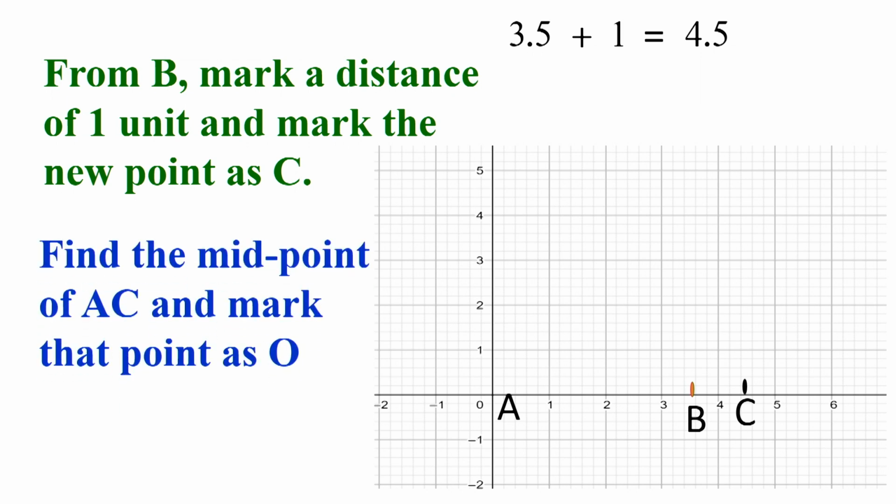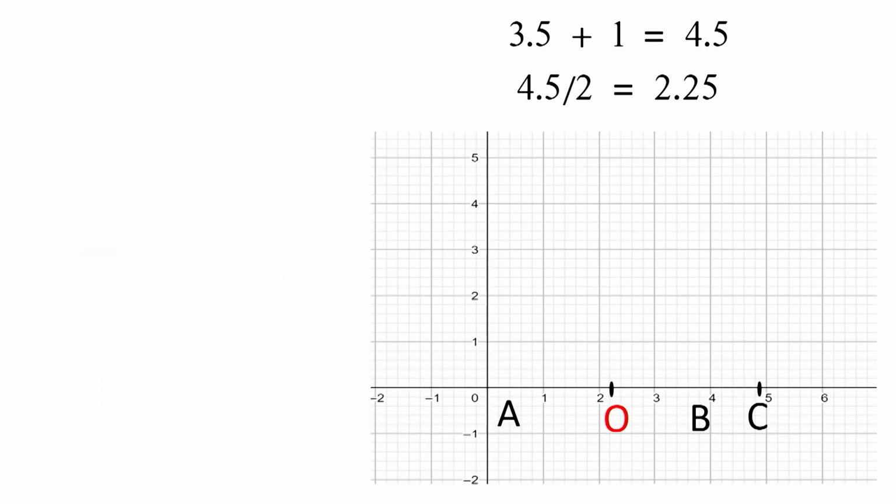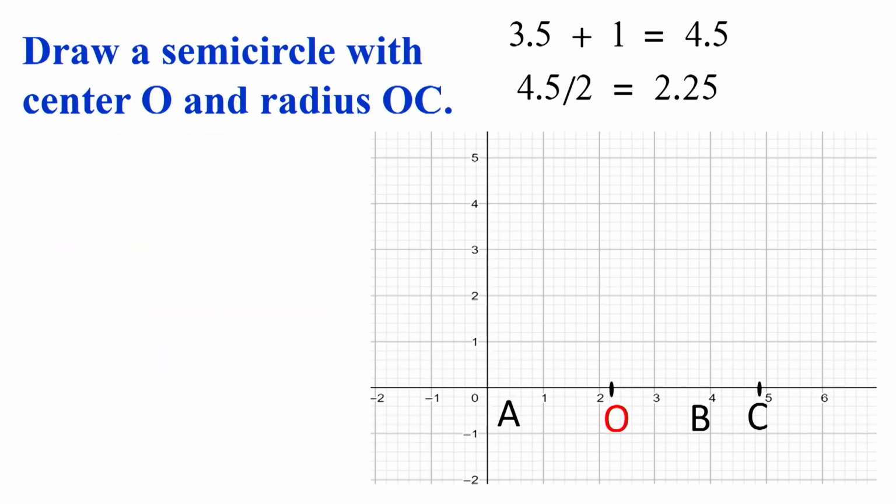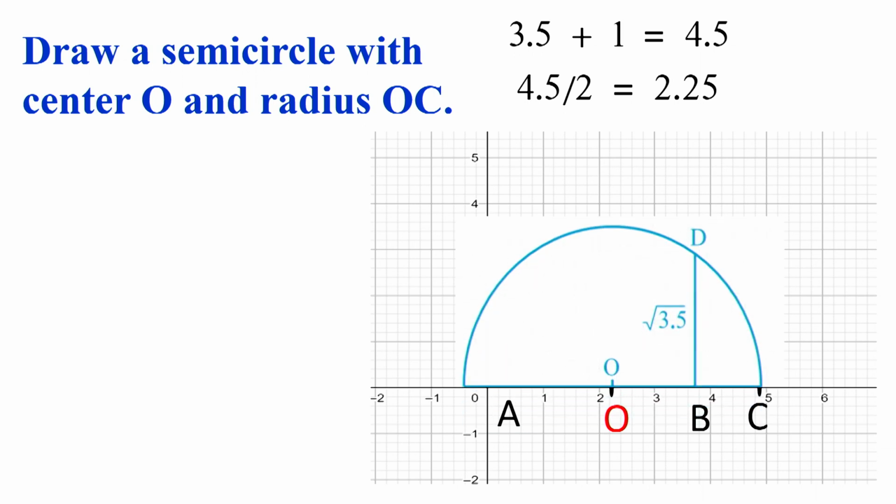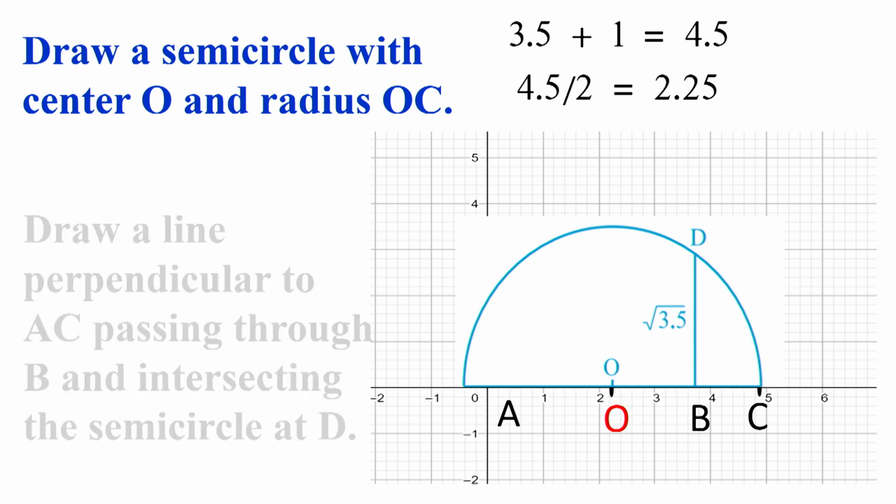Find the midpoint of AC and mark that point as O. What is the midpoint? See, 4.5 divided by 2 is 2.25, my dear students. So, this is the midpoint of AC, you have to mark it as O now. Then draw a semicircle with center O and radius OC.